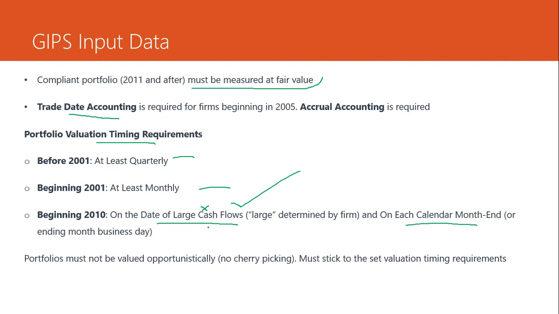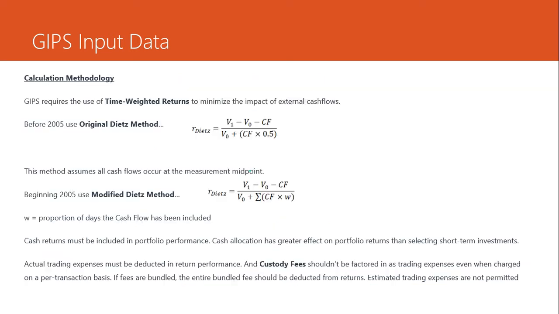So the cash goes out or the cash comes in and when it's quite large, it will affect the portfolio performance. Portfolio must not be valued on a cherry picking basis. That means based on your whims and fancies. It should be done based on the valuation timings, which is quarterly before 2001, and monthly after 2001.